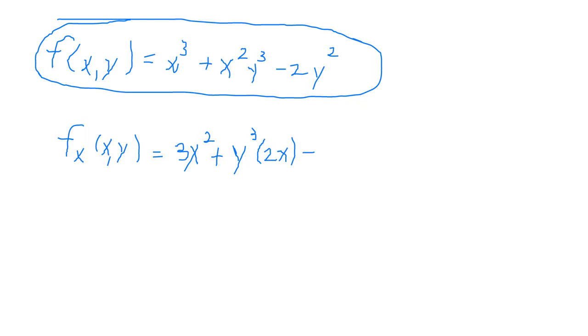And then the derivative of 2y squared is just 0, because you're treating the y like a constant. And so that's going to get you 2x times y cubed plus 3x squared. You've just seen your first partial derivative.